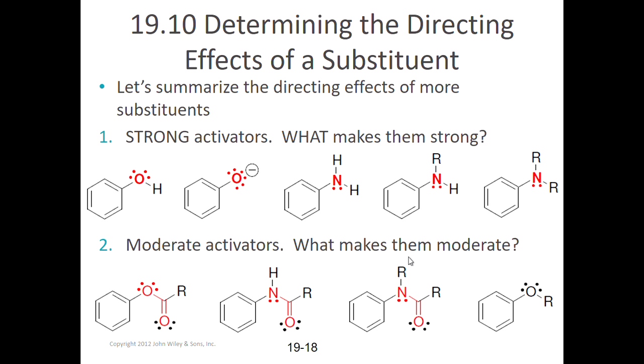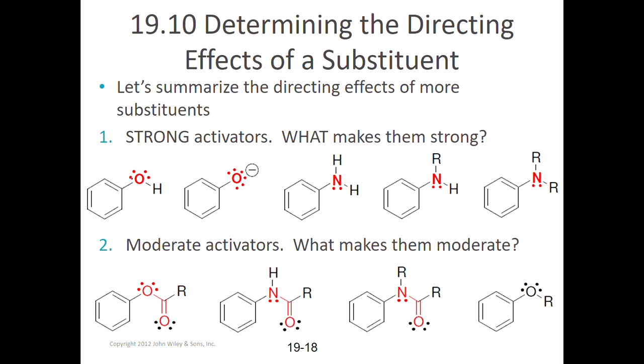All right, so that gives us a pretty good idea, hopefully, of the different effects of the different groups on the ring on a subsequent EAS reaction that would occur to that ring. And so let's summarize some of the things we saw and add in some other groups to give us a more comprehensive view of what we might be expected to deal with.